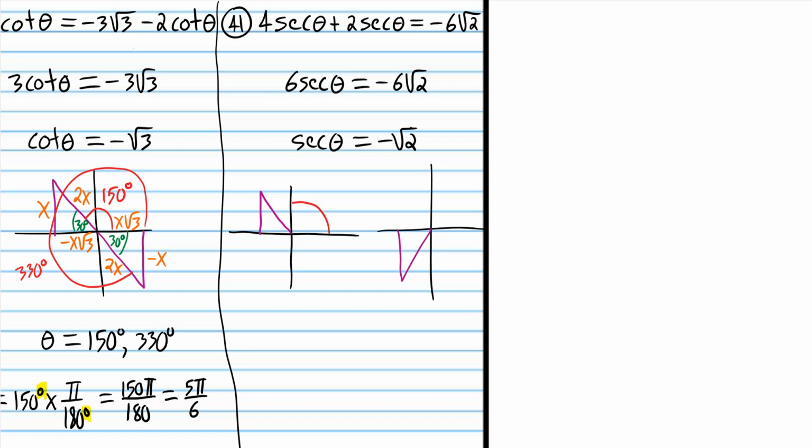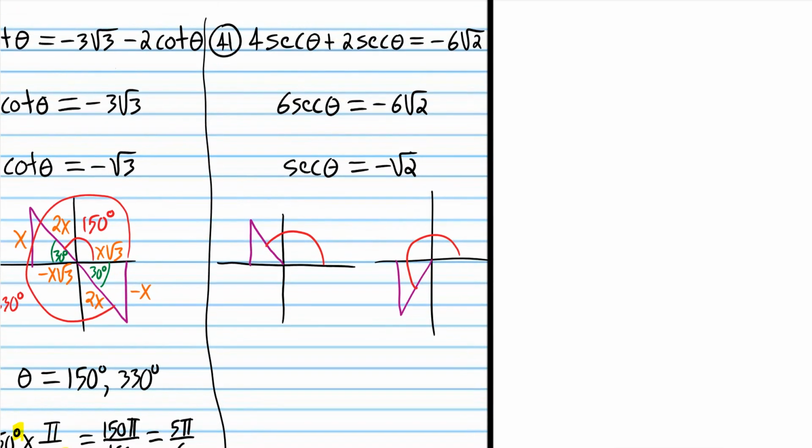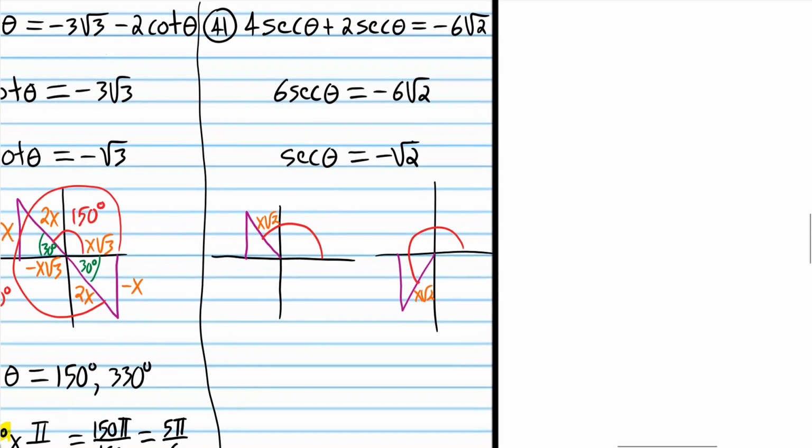So here's one angle, here's the other angle, and the hypotenuse is going to be x root 2. The hypotenuse is always positive. The adjacent side has to be negative x. We know it has to be negative x because our ratio is negative.